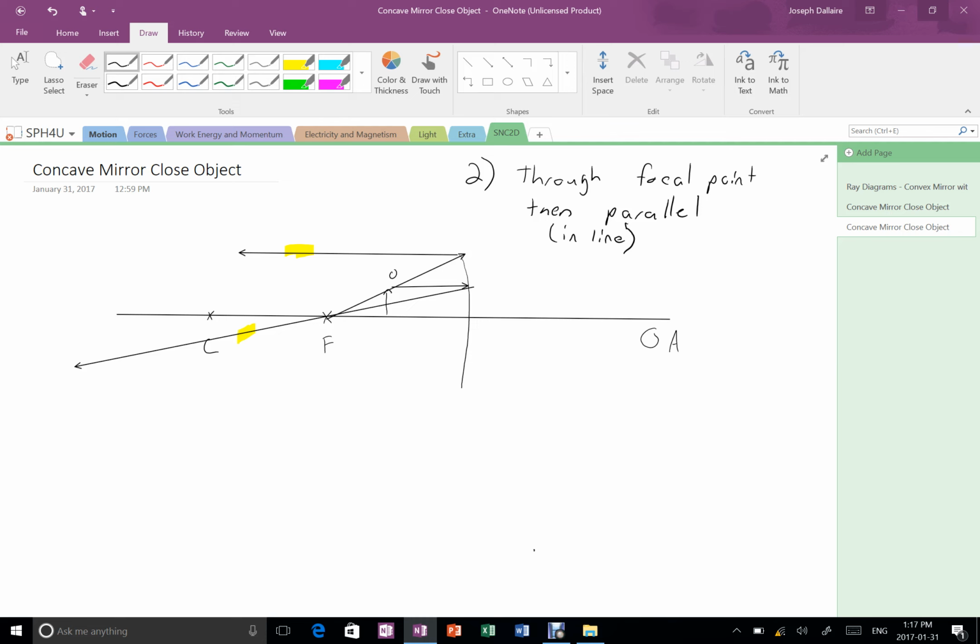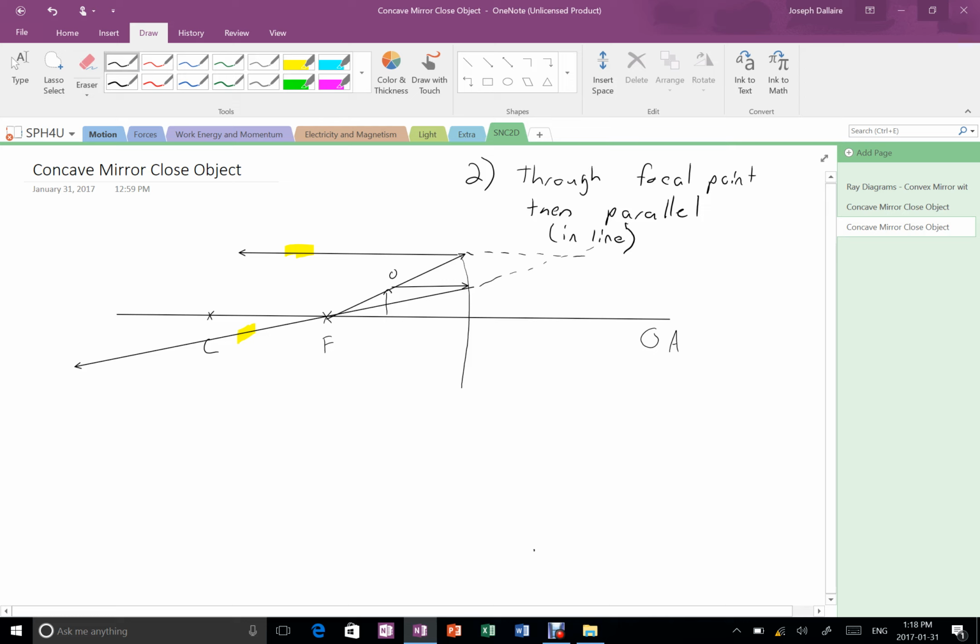Now, the way our eye works is it assumes that light travels in straight lines. So when we have 2 rays that are headed away from each other, and our eye wants to figure out where the thing that created those rays came from, what our eye assumes is that those 2 rays came in straight lines. And so we can extend them back to where they came from.